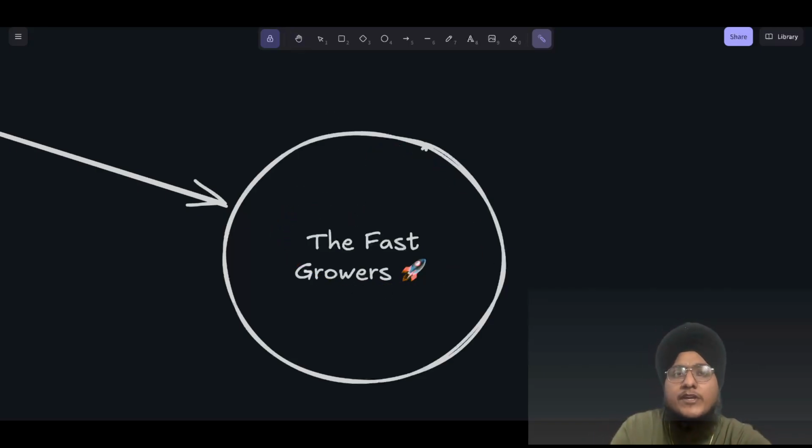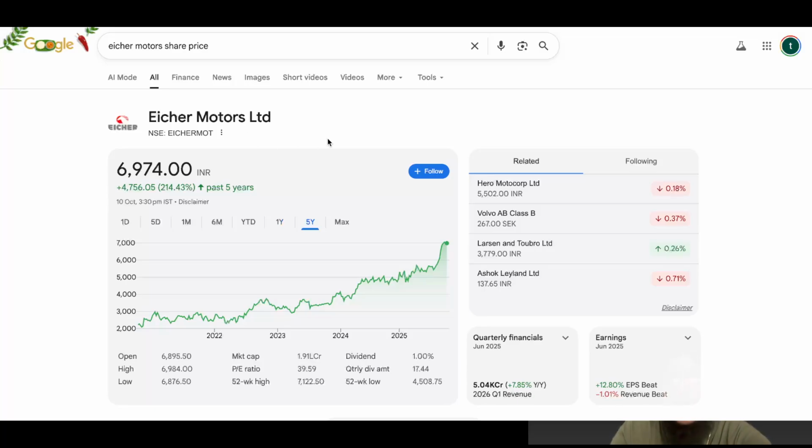An example would be Eicher Motors, right? These are related to Royal Enfield for those who don't know. So they gave us 214% for last 5 years. I'll let you do the calculation on your own if you want to do that for practice. Pause here. The average return would be 25.7% per annum. See, it's good. It's really good.